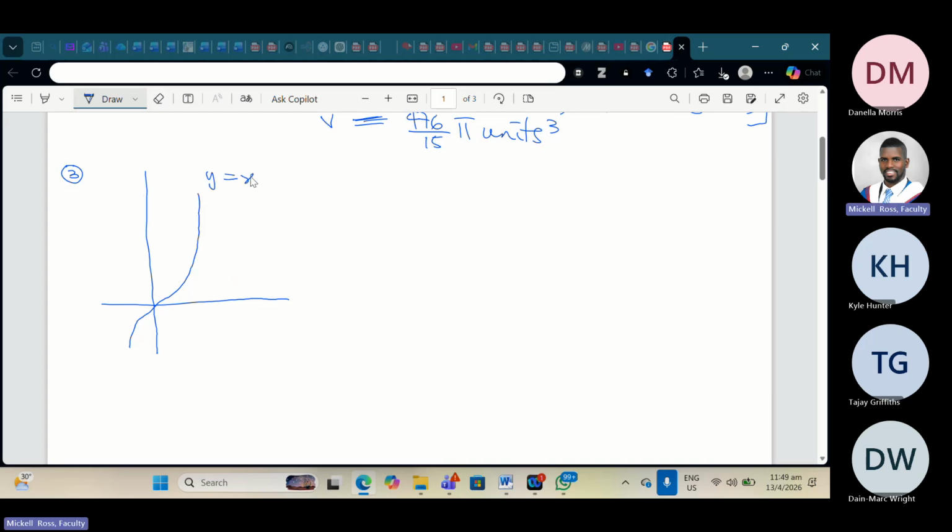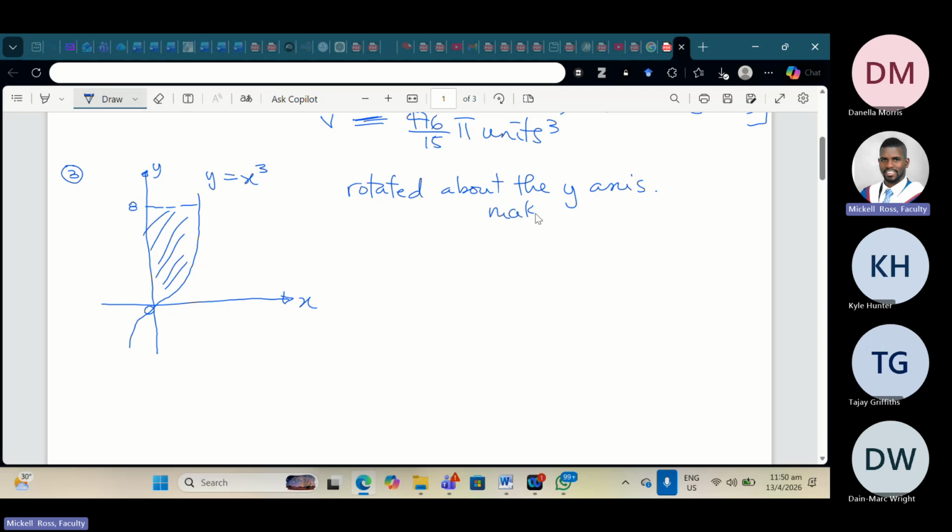So y is equal to x cubed, but for this, we are only taking the top part. All right, so we're only taking from 0 up to 8.